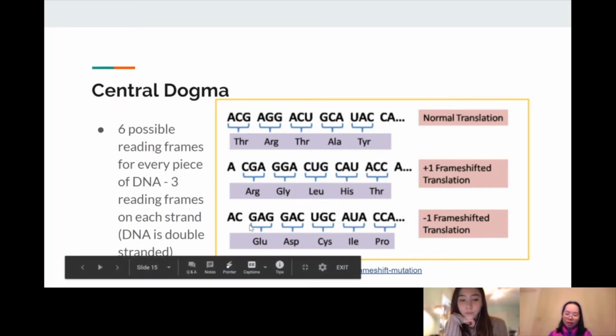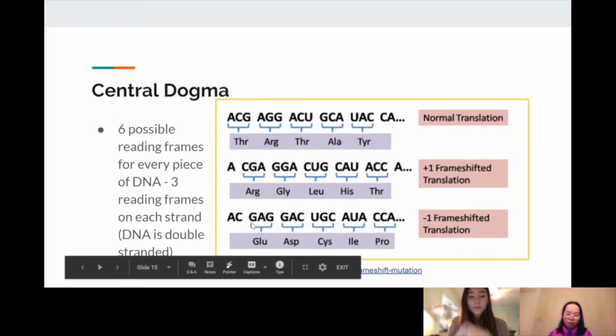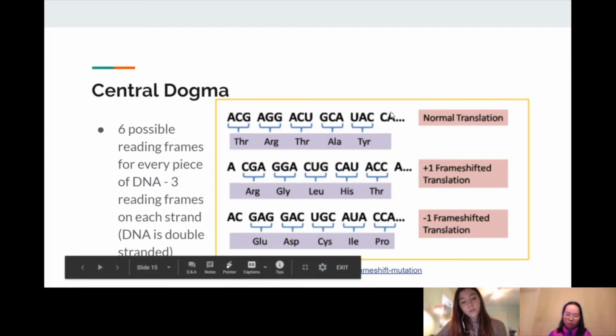If you move 1 more base over, then through the translation of the sequence in this frame, you get a 3rd different sequence of amino acids. So as you can see, this single strand of RNA, which comes from reading a single strand of DNA, although DNA is double-stranded, can give you 3 different reading frames. These 3 frames are all called reading frames.